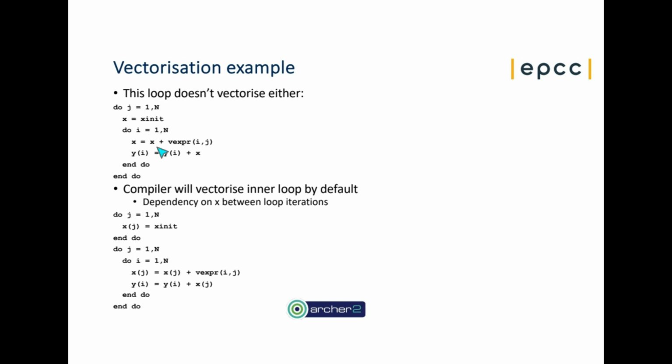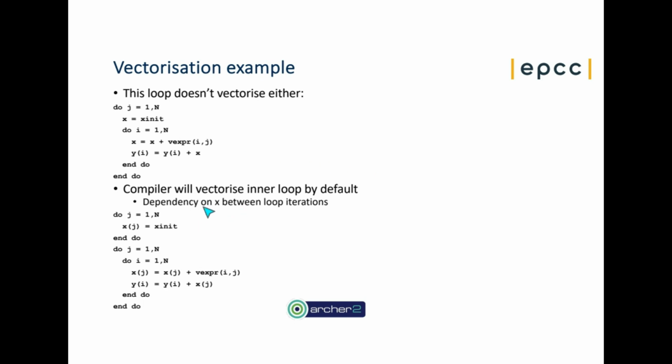So the compiler cannot handle that. It cannot vectorize because the value of x in each iteration depends on the value from the previous one, and there's no way that it can unravel that.